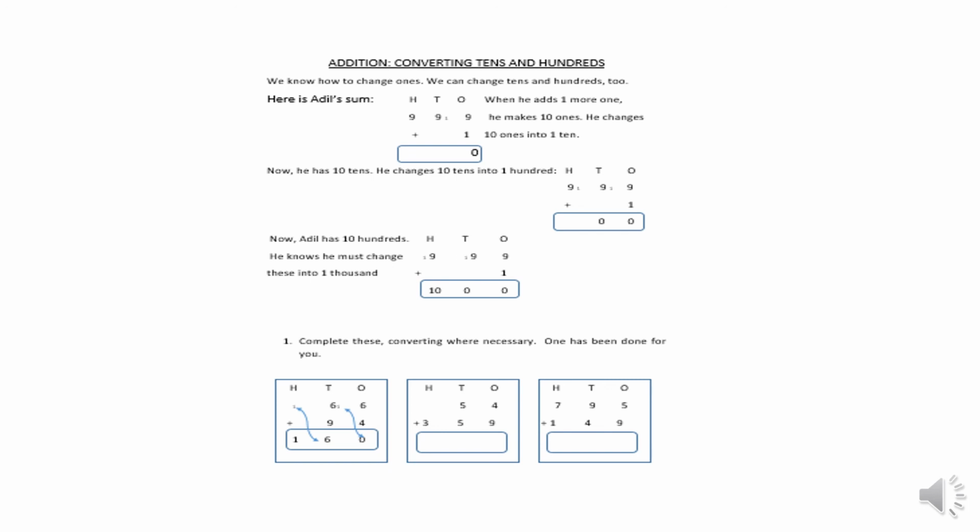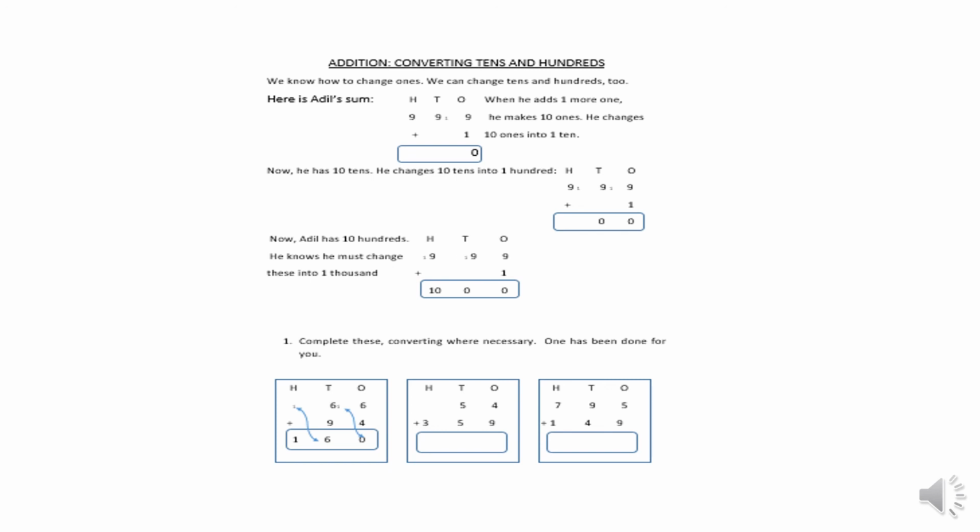When we add, we will start from ones. When we add 5 and 9 we will get 14. So we will write 4 in ones and will carry 1 to the tens. In tens we have 9 and 4, and 9 plus 4 makes 13, and with the 1 which is carried to tens, we will get 14.